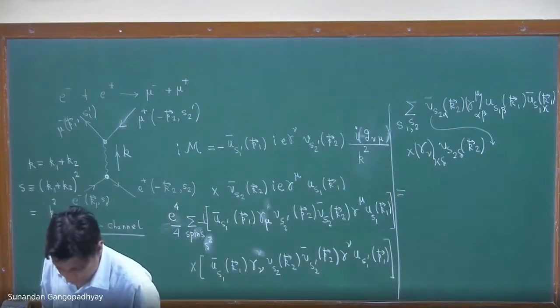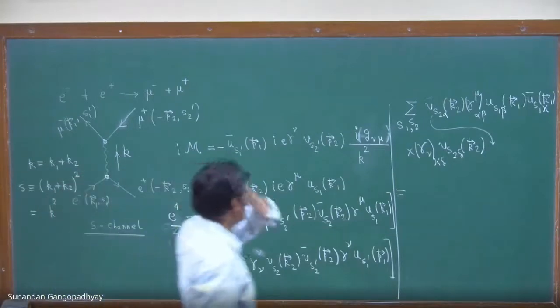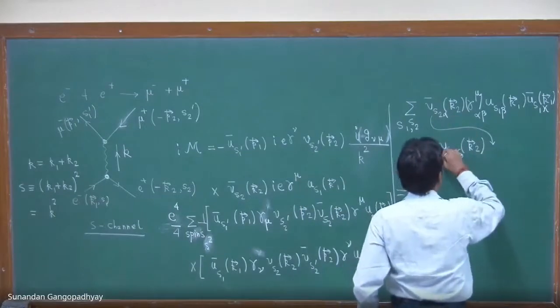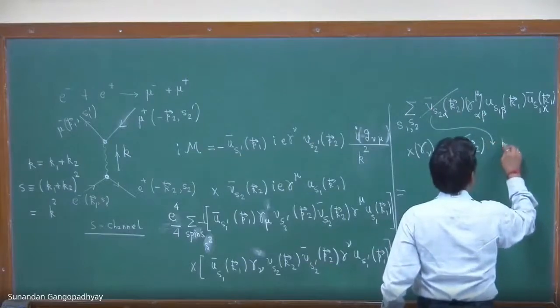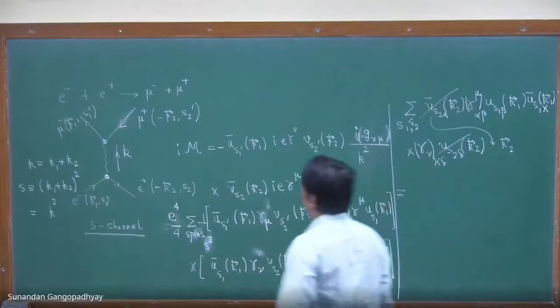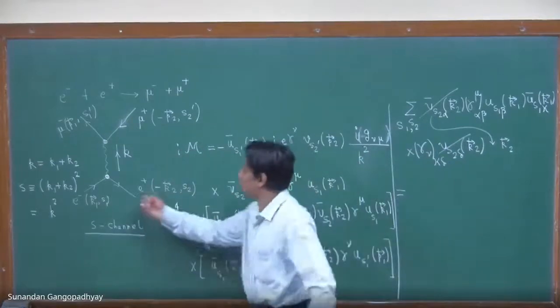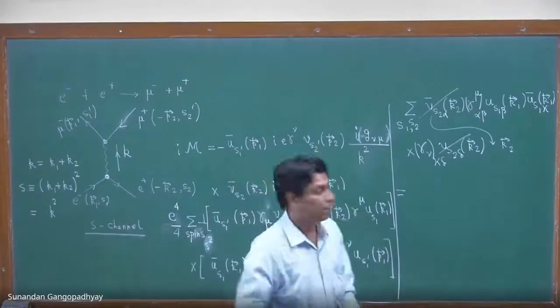So you can now perform the spin sum. The spin sum can be performed, and you will get from this factor and this factor. So I'm just cancelling these two factors. So what you will get is K2, and so this K2 involves the positron, right? This is the spin sum over the positron.